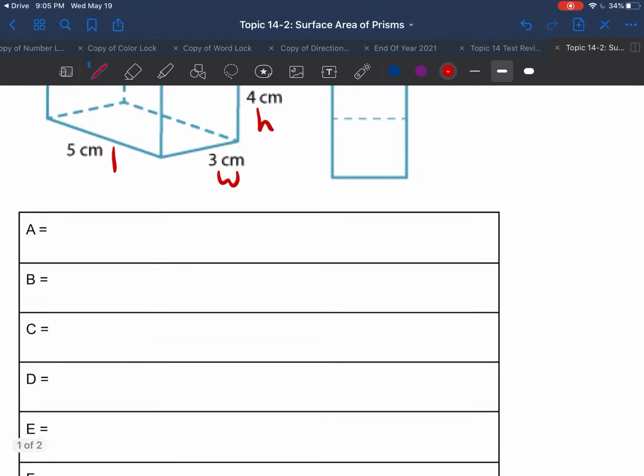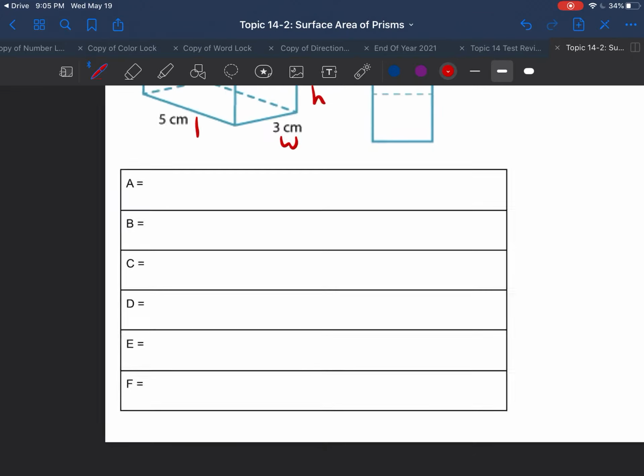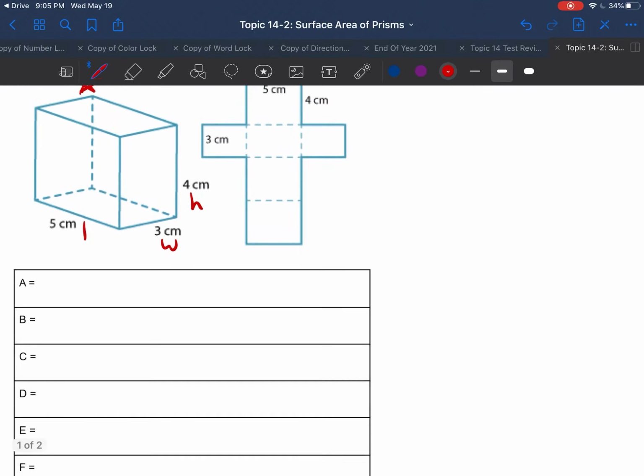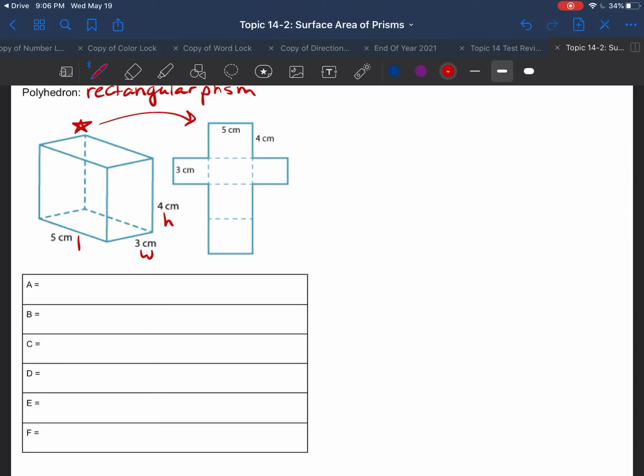So you see down here, I have A, B, C, D, E, and F. What we are going to do is label every single part of the net with a letter.